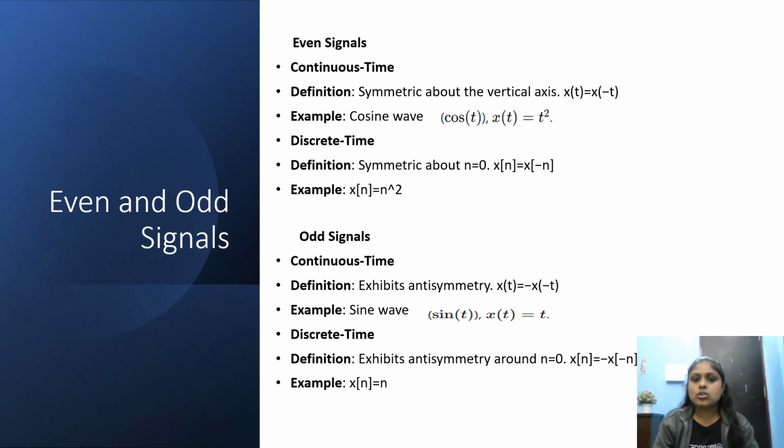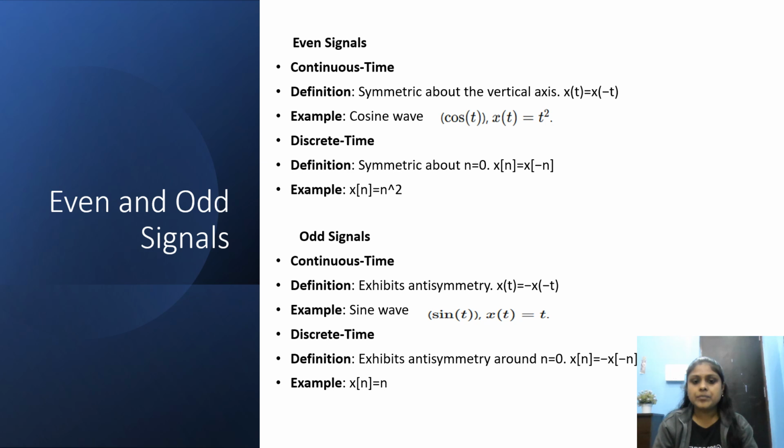And the odd signals also we can see in continuous time and discrete time. Now let us see the continuous time: it exhibits anti-symmetry, that is x of t is equal to minus x of minus t. For example, the sine wave, sin t, and x of t is equal to t.